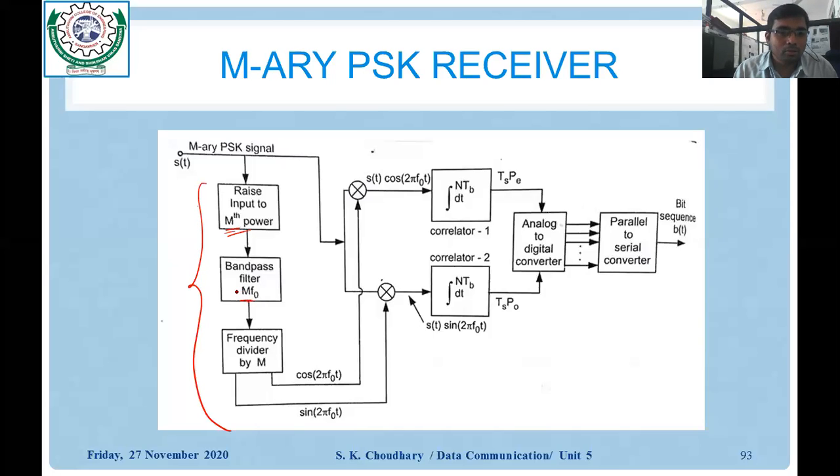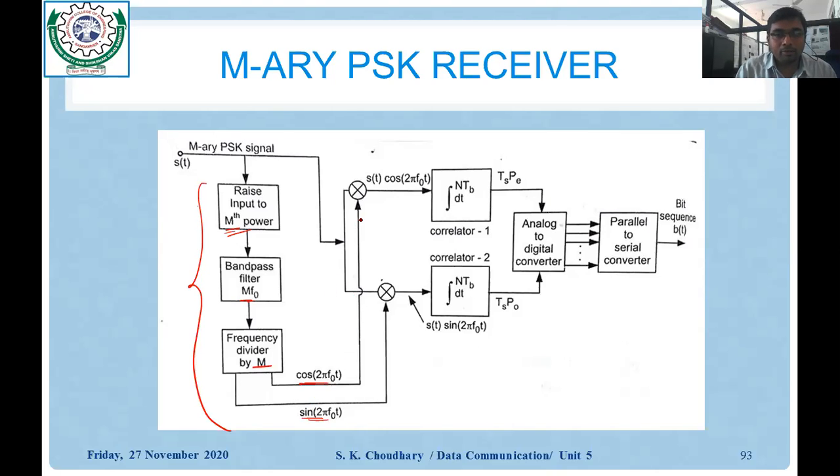This M F0 carrier signal is further fed to the frequency divider network, which divides it by M, and finally we have the carrier signal that is the same as the carrier signal of the transmitter.